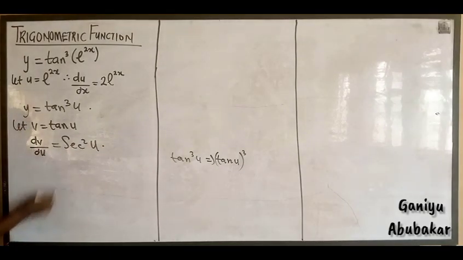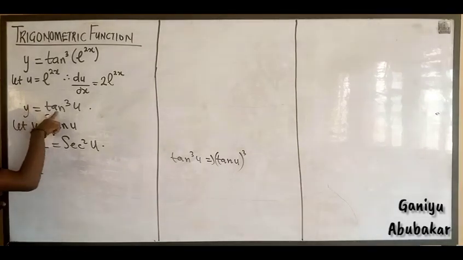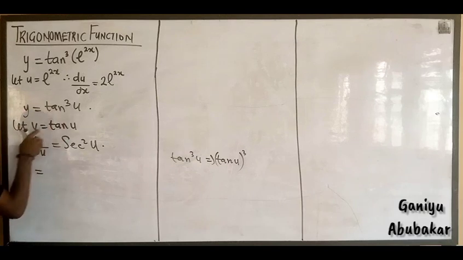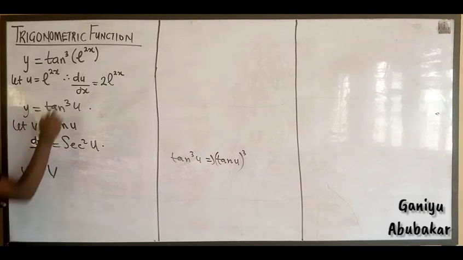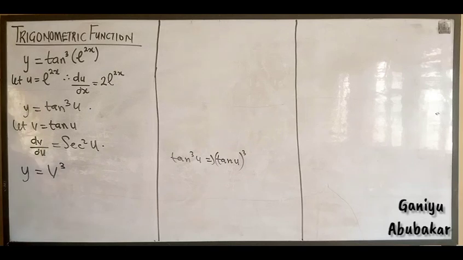Now y is equal to tan cube u, but we said tan u alone is v, so I have v cubed. The reason is dy/dv becomes, by the general method, 3v squared.